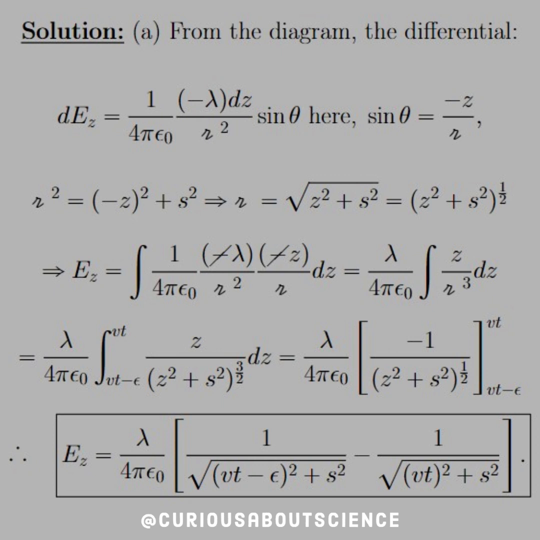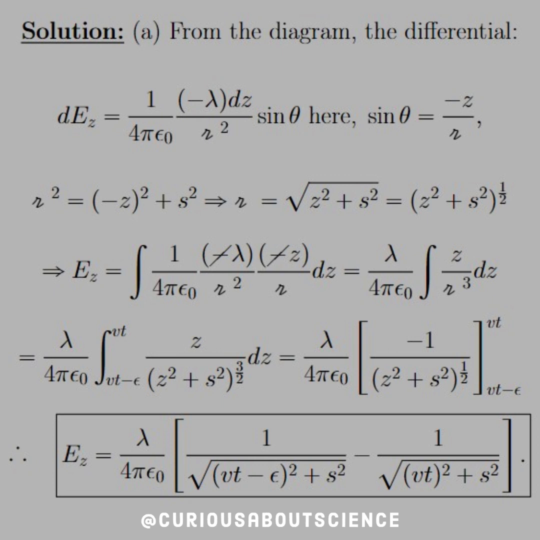Alright, so let's go ahead and chug this along. Clearly, if we're concerned with the field only in the z direction, dEz is equal to 1 over 4 pi epsilon naught times negative lambda dz over script r squared times sine theta. Remember that cosine theta would put it in the y direction. Now from the diagram, we see that sine theta is equal to negative z over script r.